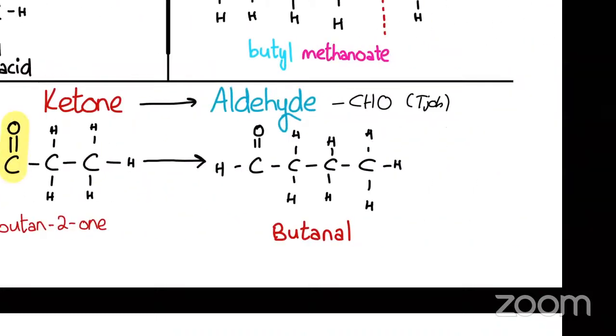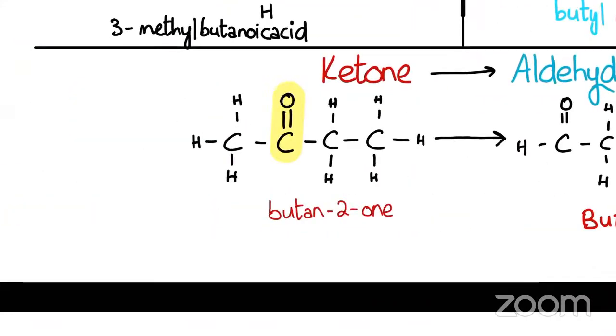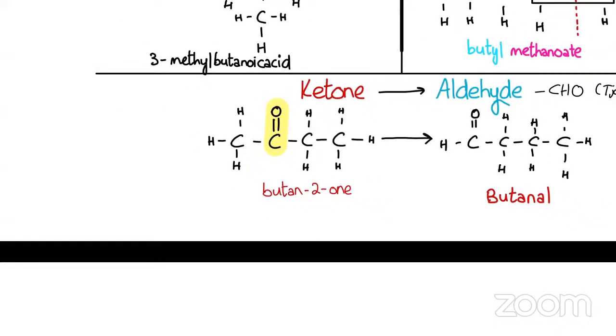Similarly, as to how you don't have to call this butan-1-ol, this one might be a bit more lenient where you can call it butanone, because it's basically equivalent to when the functional group is on the first carbon. In this case, it has to be on the second carbon, because if you move it to the first carbon, it's going to become an aldehyde.